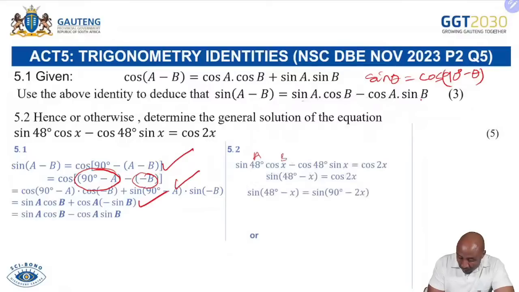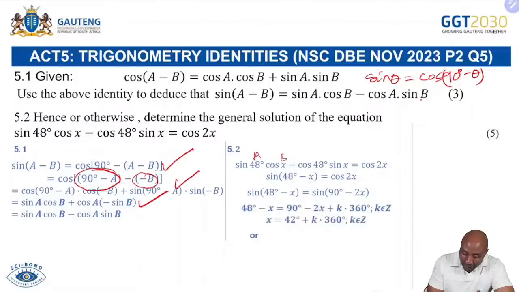I use my cofunction. It will be sine 90 minus 2x. These should be equal because they are the same ratios. So this will give me 48 minus x is equal to 90 minus 2x plus k times 360. I'll get my x as 42 degrees plus k times 360, k element of integers.